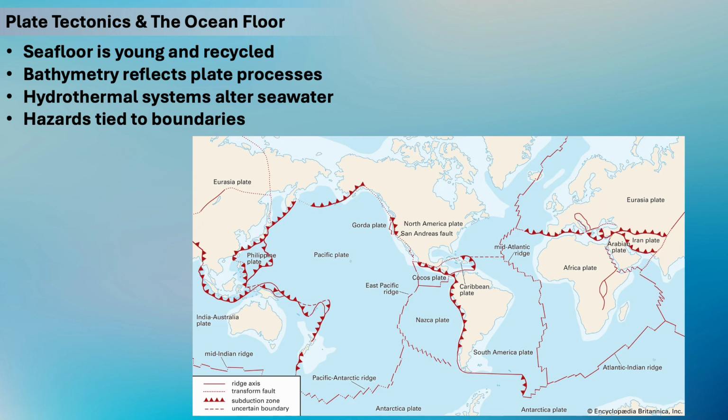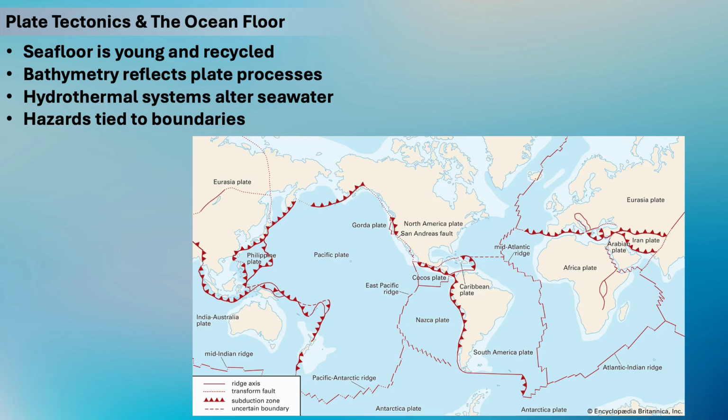It continuously creates, modifies, and recycles oceanic lithosphere. New seafloor forms at mid-ocean ridges. As that lithosphere moves away from the ridges, it cools, thickens, and becomes denser, causing it to subside to greater depths. This process produces predictable depth patterns across the ocean floor.